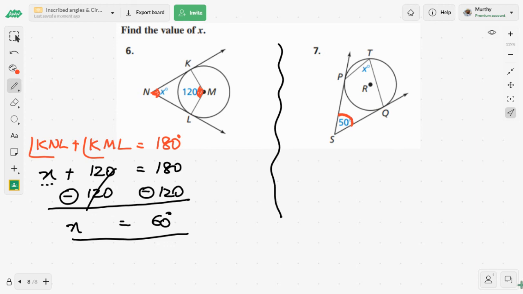But notice that I don't know the central angle. If you don't know the central angle, then how do you compute it? Then how to compute the central angle?